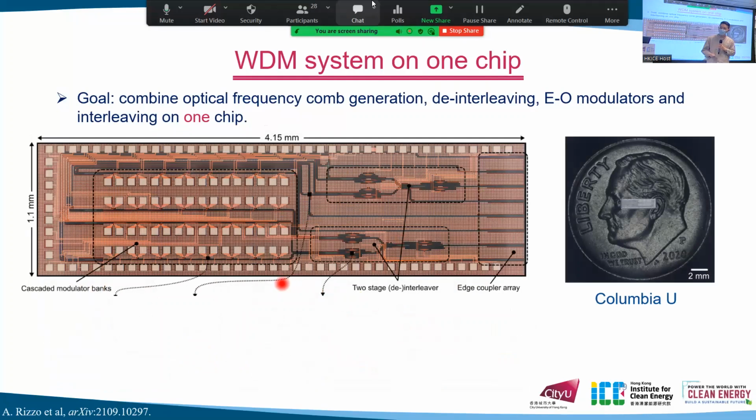So we can see that this is the picture of the chip. The structure is quite complex, but the chip is very small.